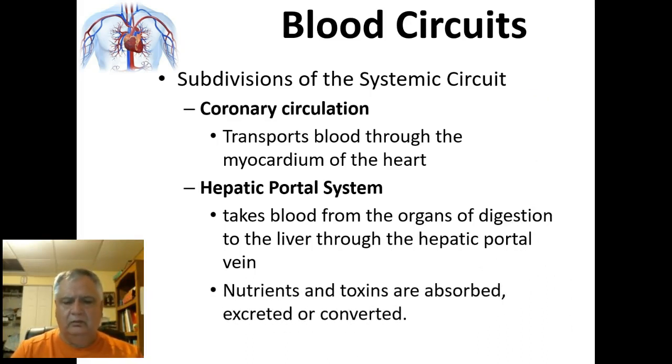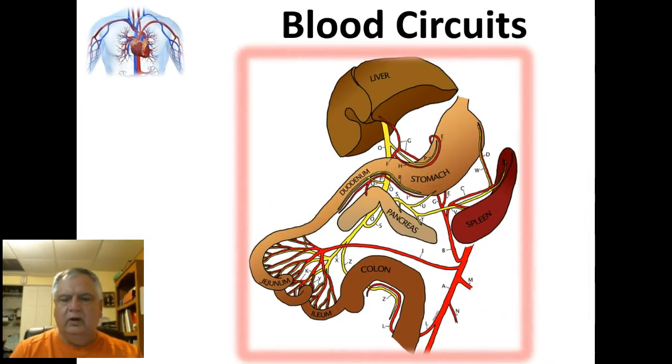So in regards to that, the blood coming back into the liver, nutrients and toxins can be absorbed from the blood into the liver, and then they can be either excreted or converted into other substances in the liver. So here's a diagram then showing the hepatic portal system. It's in yellow.